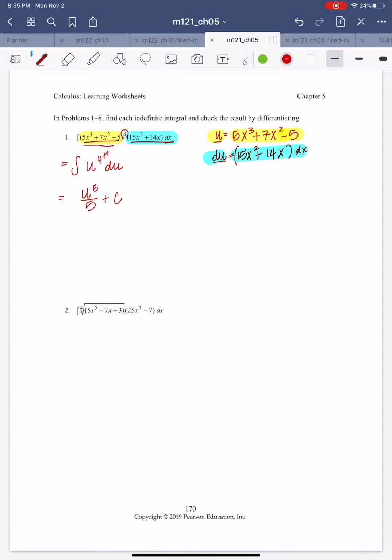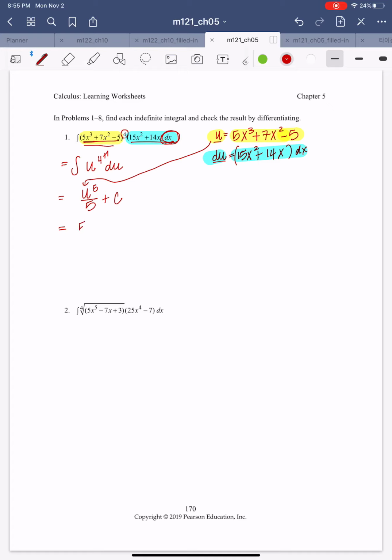Now, however, your original variable is x. So what you have to do is after you integrate, make sure you go back and substitute back. So back substitute. u really is 5x cubed plus 7x squared minus 5.